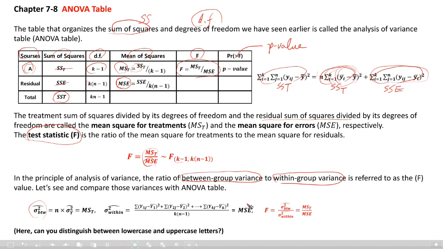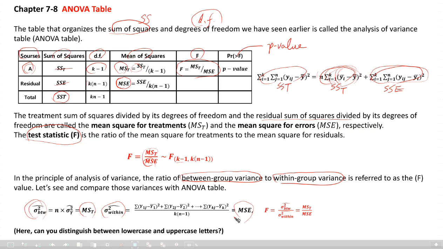Otherwise, you may go back to the earlier chapter, principles of analysis of variance. So the between group variance estimate and the within group variance estimate are exactly equivalent to MST and MSE.